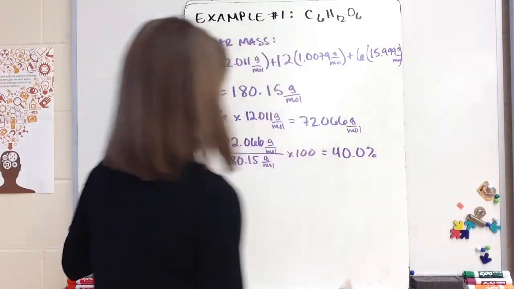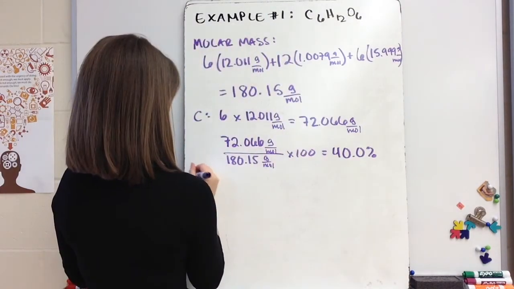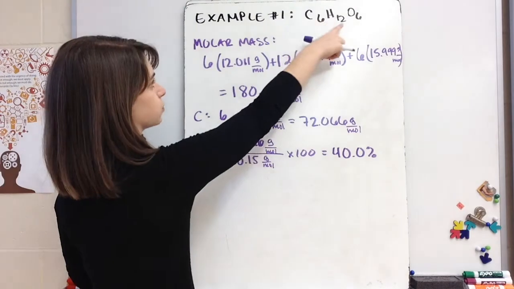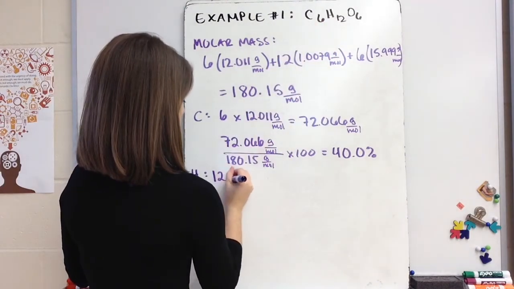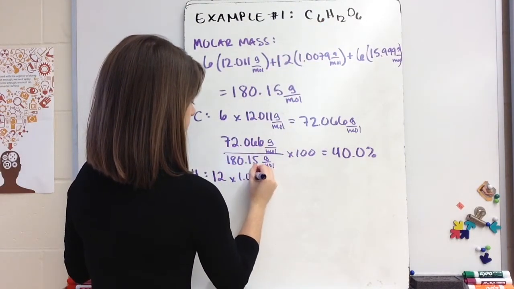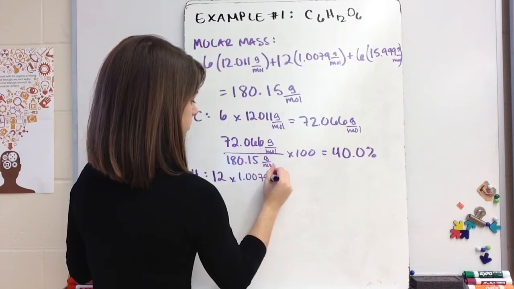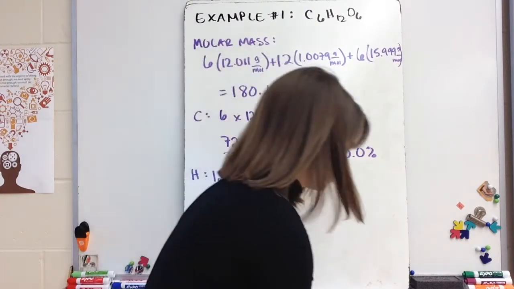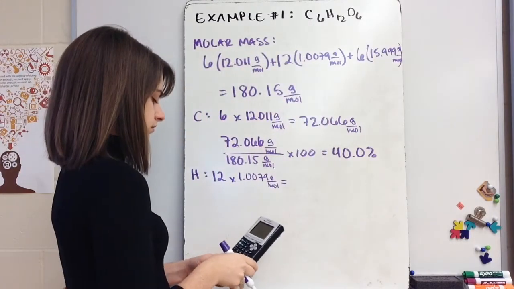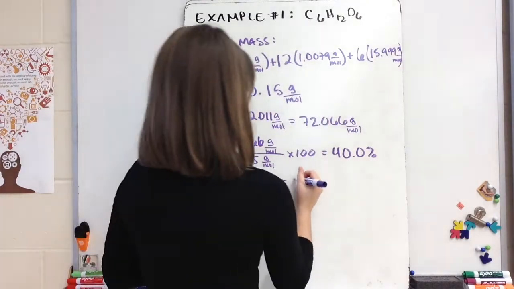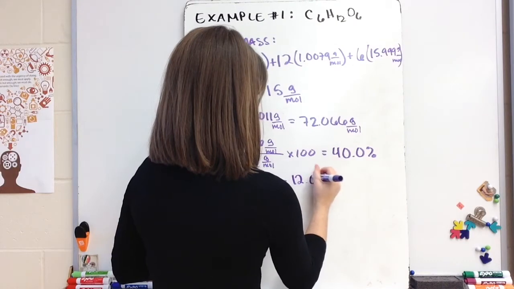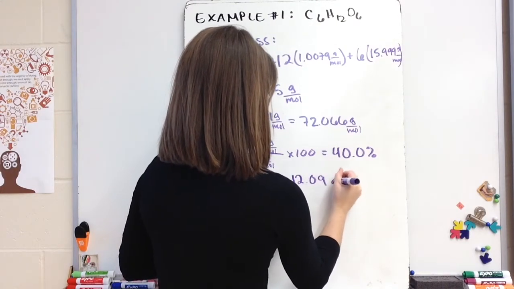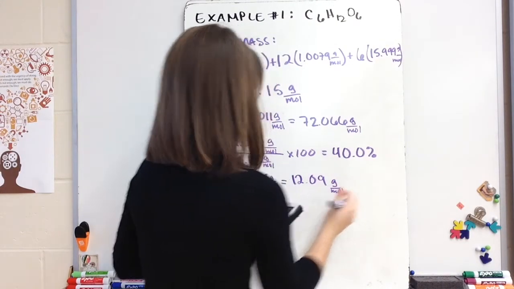Okay, so let's do hydrogen. And I have 12 hydrogens. Mass of hydrogen is 1.0079 grams per mole. That gets me 12.09 grams per mole.